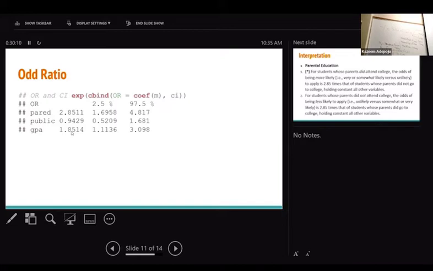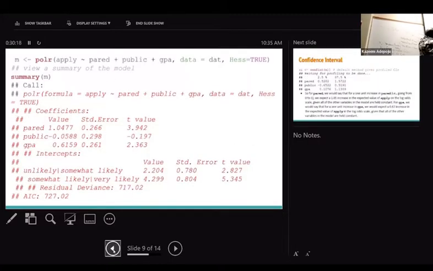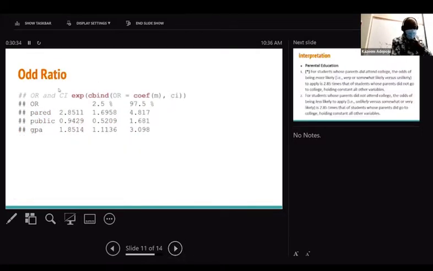How do you think we can get this one? If you go back to the log odds estimate, here, the log odds estimate, the value 1.0477 minus 0.588 is 0.6159. When you do the exponentiation of that, we basically lead to this one here.